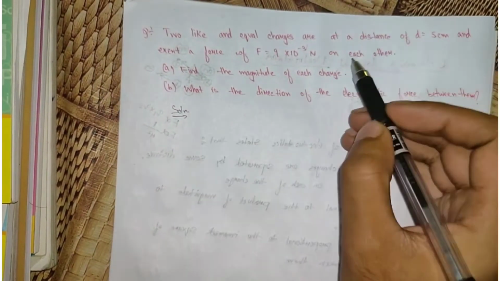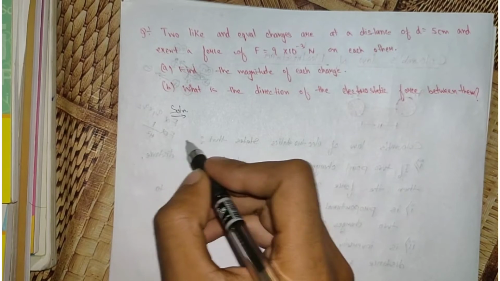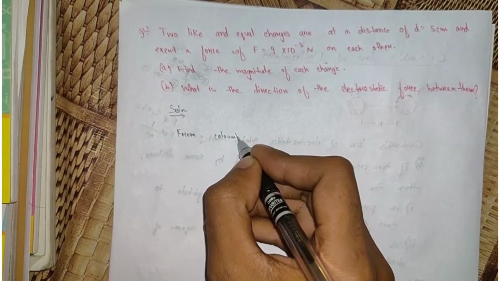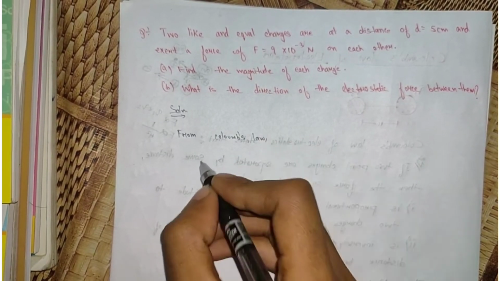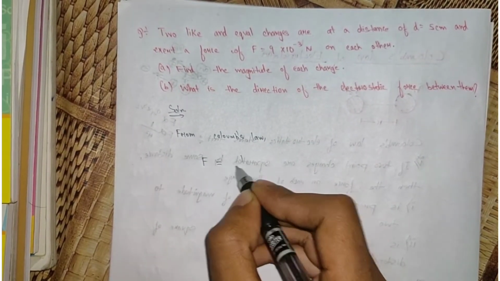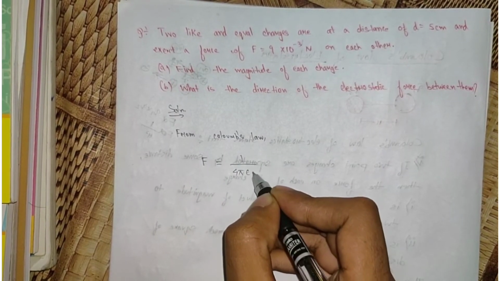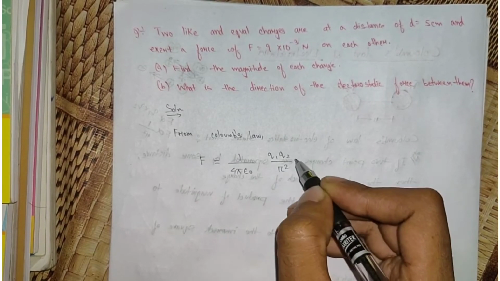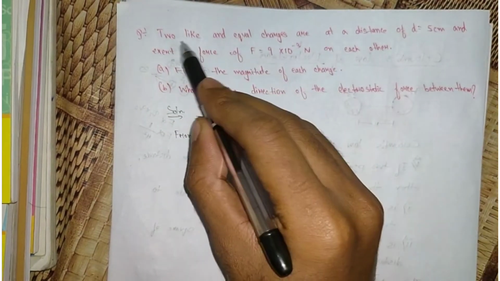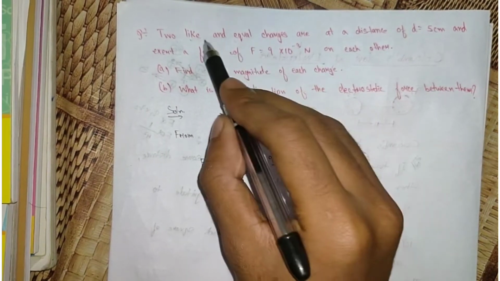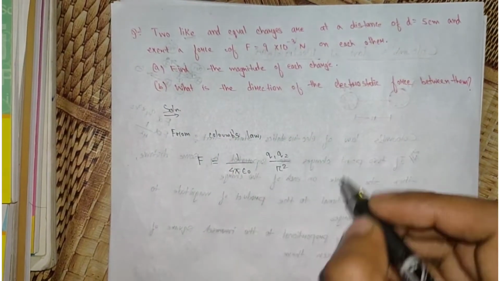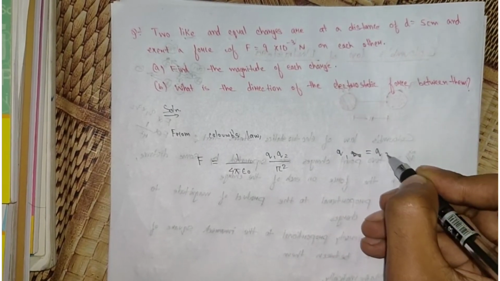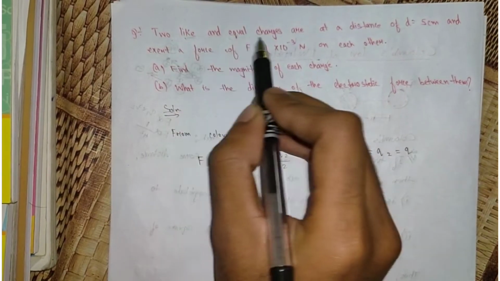Two like and equal charges, okay. Now from Coulomb's law, we have F equals 1 by 4 pi epsilon naught into q1 q2 divided by R square. Now as we have two like and equal charges, we can take q1 equals q2 equals q, as they are like and equal.